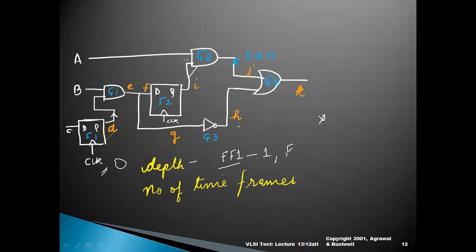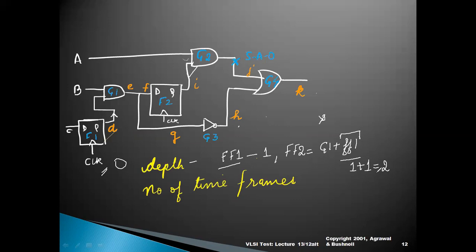Coming to the flip-flop 2. Now flip-flop 2 is depending upon the gate G1 plus input of G1 is driven from flip-flop 1. So I have this flip-flop adding to the depth. Okay, और पहले it is already depending upon the primary inputs. So we have 1 plus 1, which gives me the depth of 2.